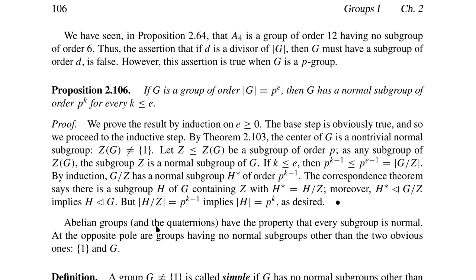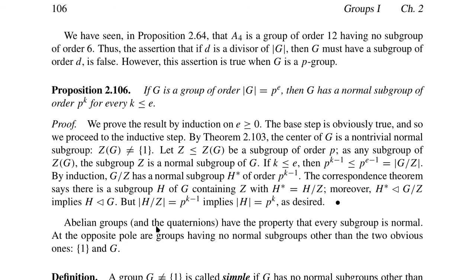Then you consider a subgroup Z of the center which has order p. Then Z is going to be a normal subgroup of G. Now, for all k less than or equal to e, p to the k minus 1 is less than or equal to p to the e minus 1 for sure.